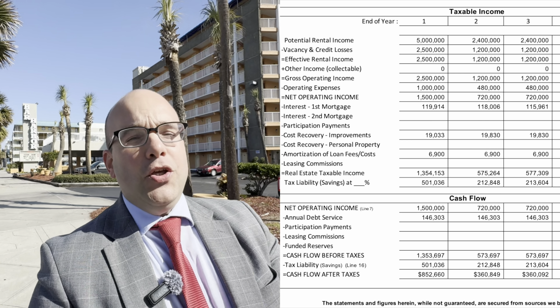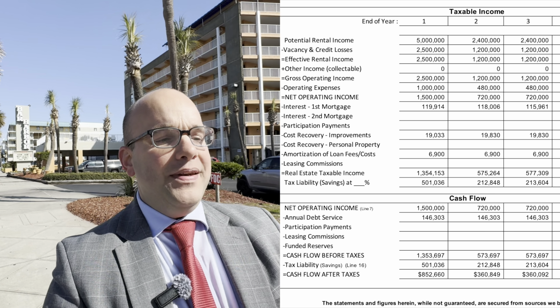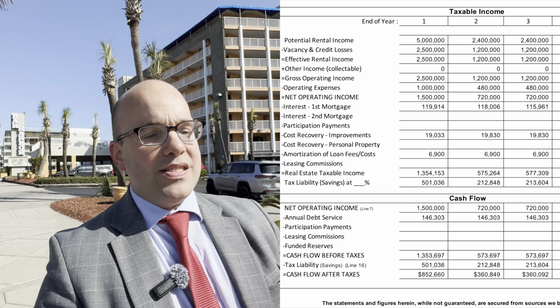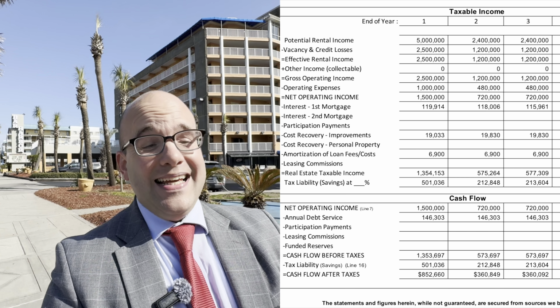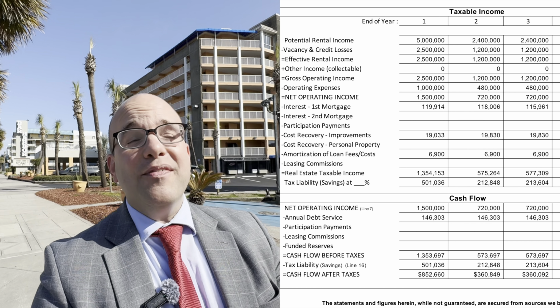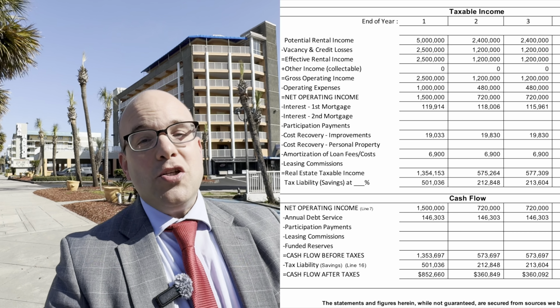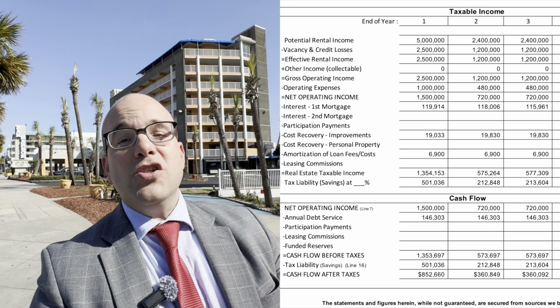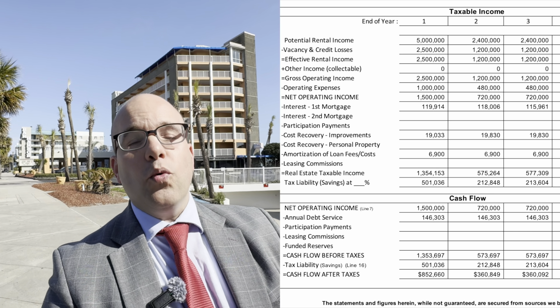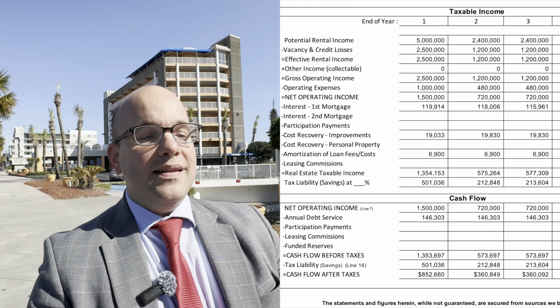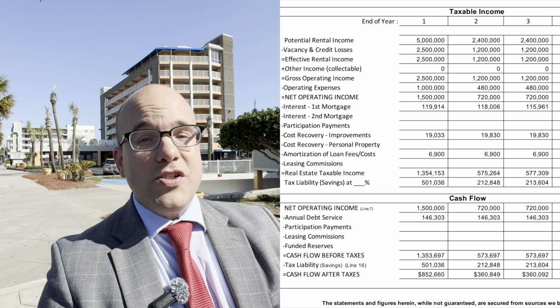Now, you do have to factor out next your vacancy and credit losses. In our example here, it was a 50% vacancy. So basically, half of that $5 million, $2.5 million, is attributed to vacancy and credit losses. If you subtract that from the potential rental income, it is going to leave you with the effective rental income.